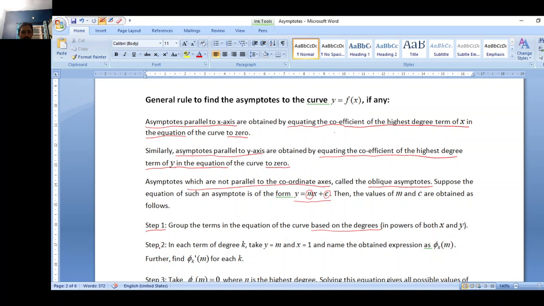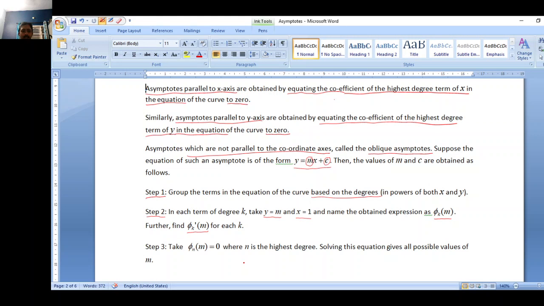Then, in each term of degree k, where k could be degree 1, degree 2, degree 3, and so on, we have to replace every y by m and every x by 1. So simply take every y as m and every x as 1, and call that expression phi k of m, where k is the degree of the corresponding term. Once you have phi k of m, you have to find phi k dash of m. You will see why later on. Okay, this is step 2.